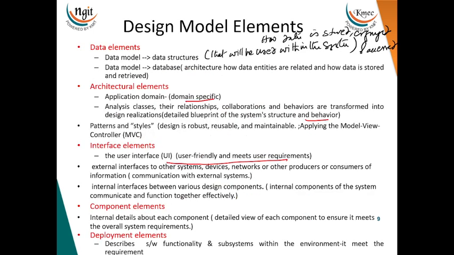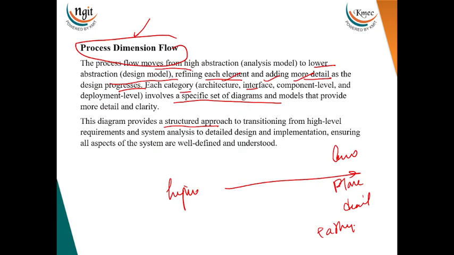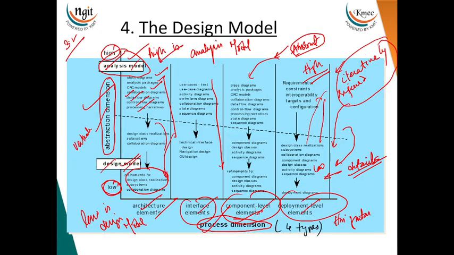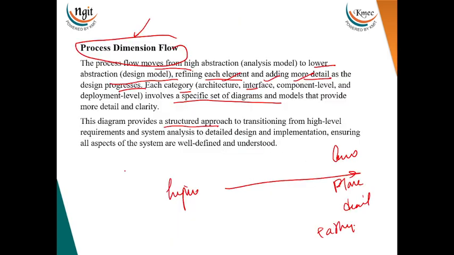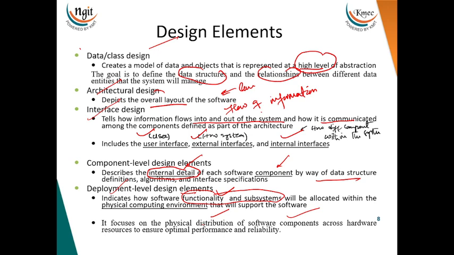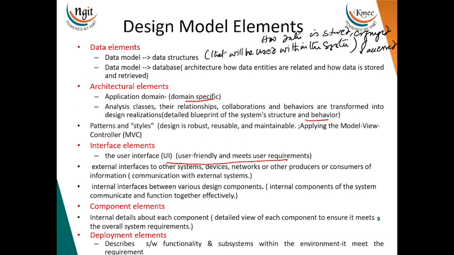Now, design model elements. What are the elements in the design model? This is our design model, correct? What are the elements of this one? We are going to see this one, correct? What is this one? Data model, data structures.